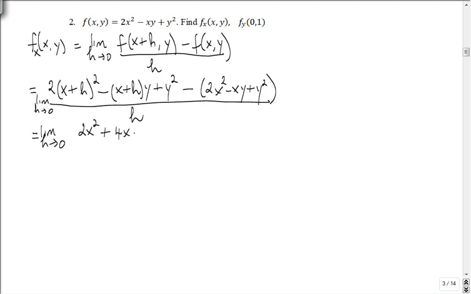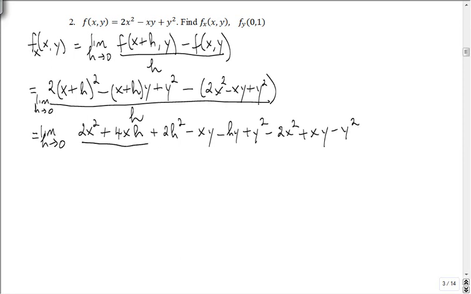That's 4xh. h squared times 2 is 2h squared, minus xy minus hy plus y squared minus 2xy plus xy minus y squared all over h.